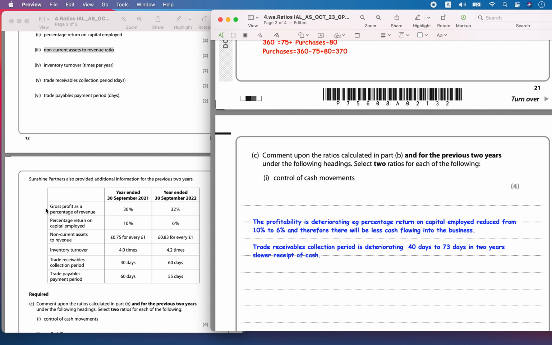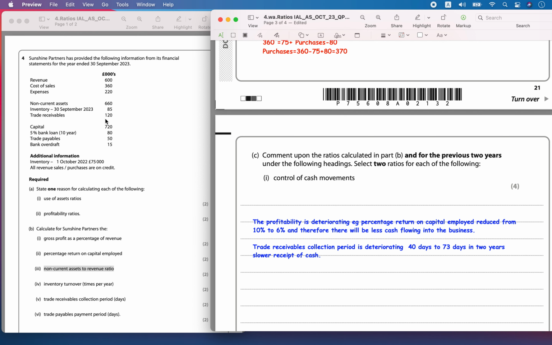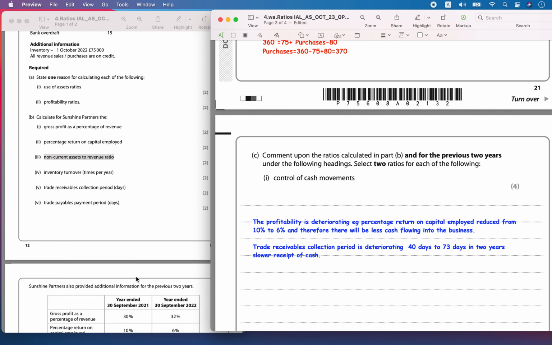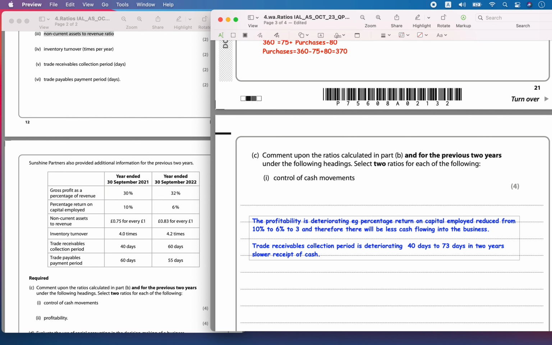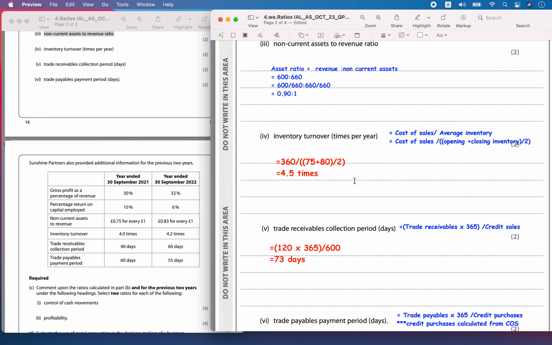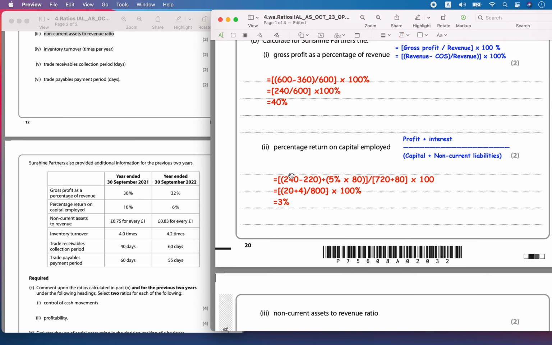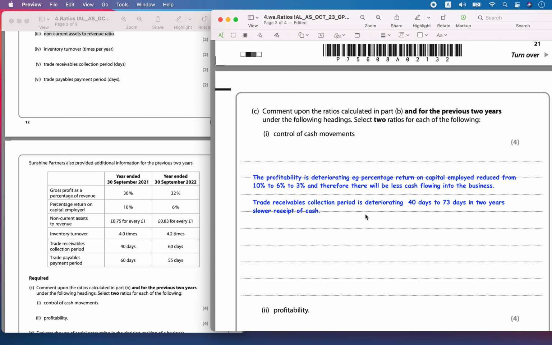Let's calculate the profitability ratio. So okay, I have taken percentage return on capital employed. We can see that this was for September 2021-22, and we had calculated for the year September 23 now. So how has it deteriorated? Return on capital employed had become 3% this year.